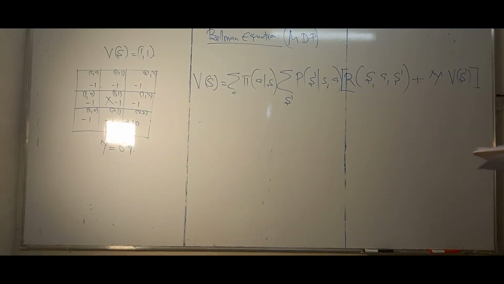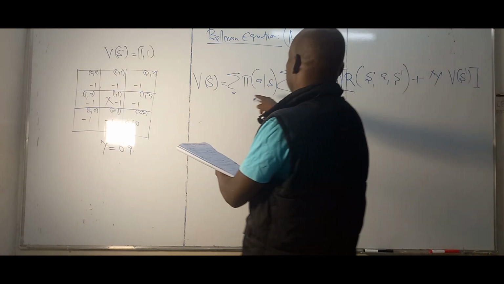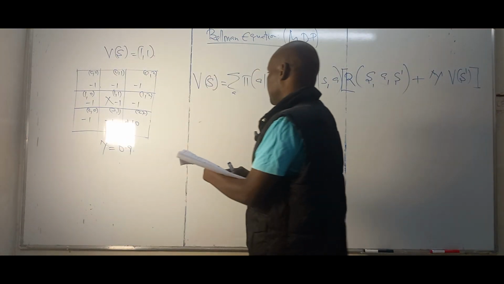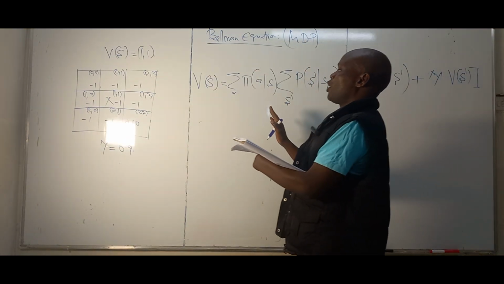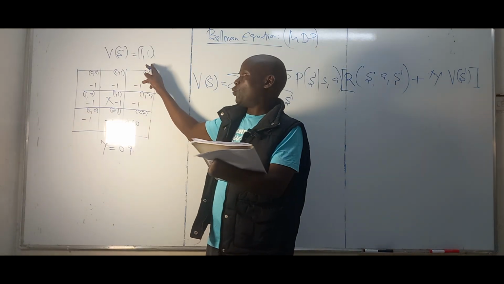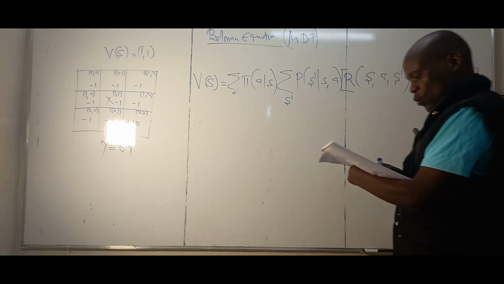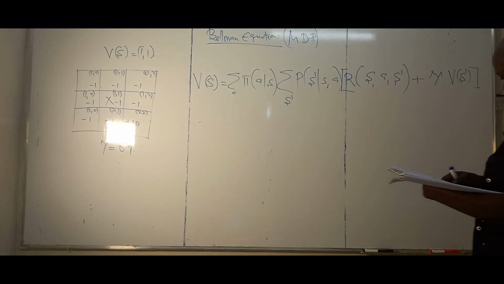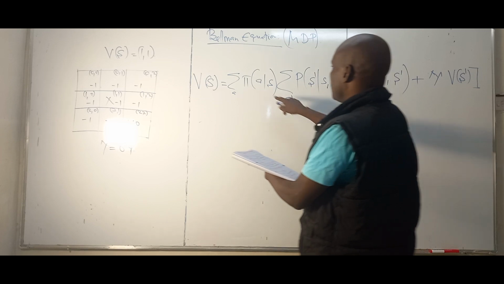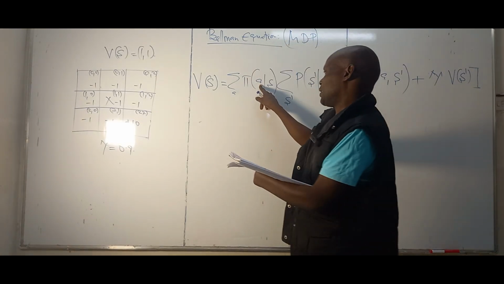And here, S represents the current state. The current state in our case is 1, 1. So we should be starting at position 1, 1. And A here stands for possible actions that one can take.